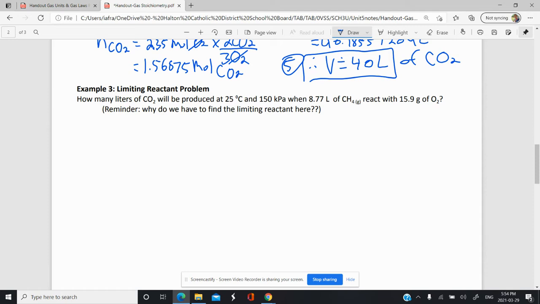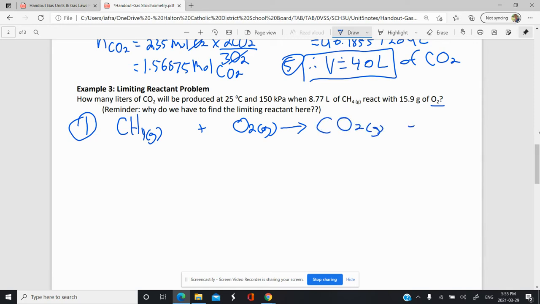So first of all, before we even dissect this, let's just write out an equation. So we have CH4 gas reacting with O2 gas. And remember that O2 is a diatomic molecule, and that's why it's gas. So we put it as gas there. And it's going to give us some CO2 gas.